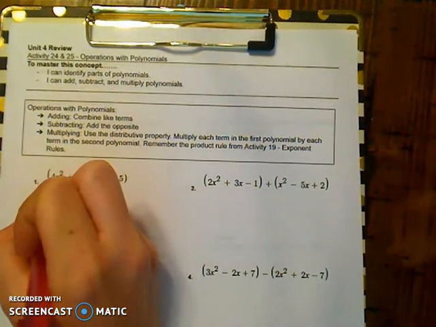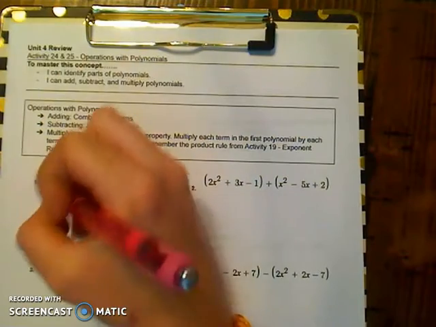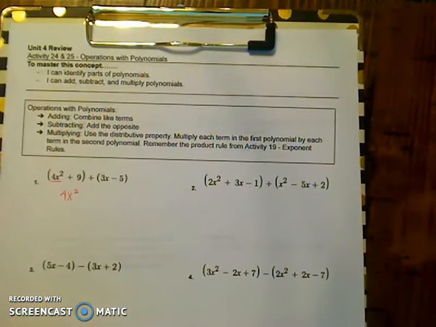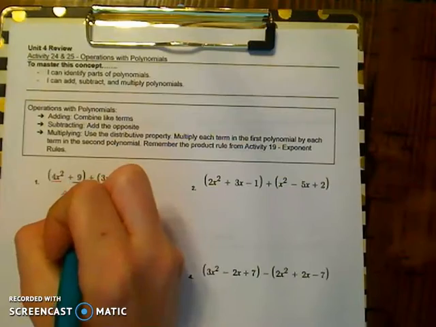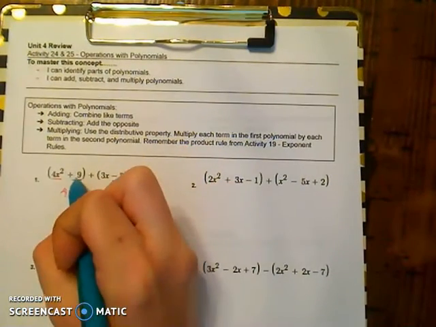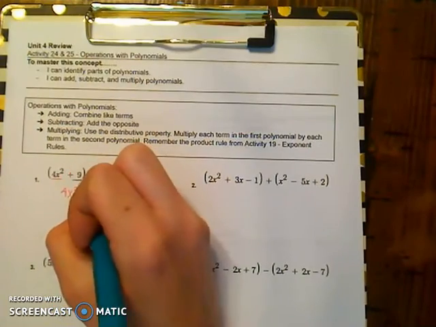Okay. Well, guys, I have 4x squared. Do I have any other x squared terms? I don't. So, guys, I'm just going to bring that down. Okay. Next, I have 9. Its like term would be -5. So, 9 plus -5 would be 4.